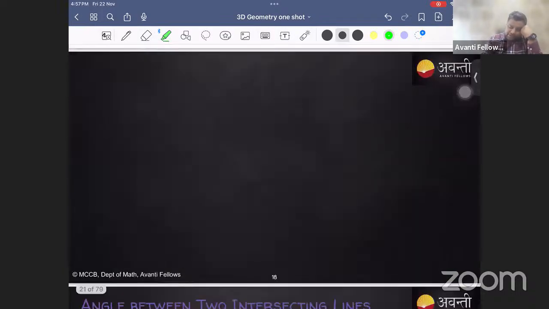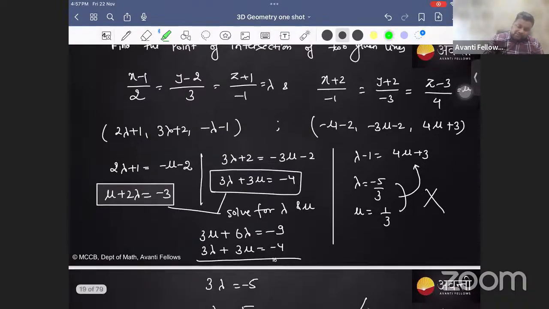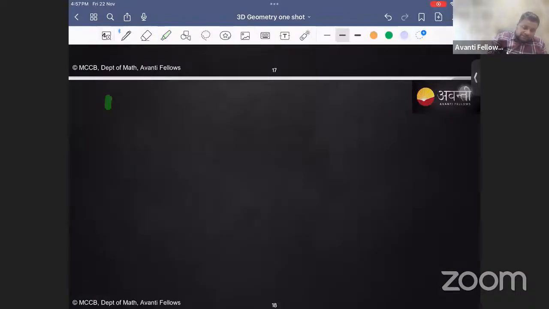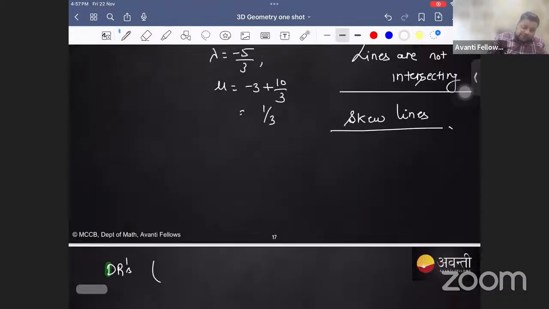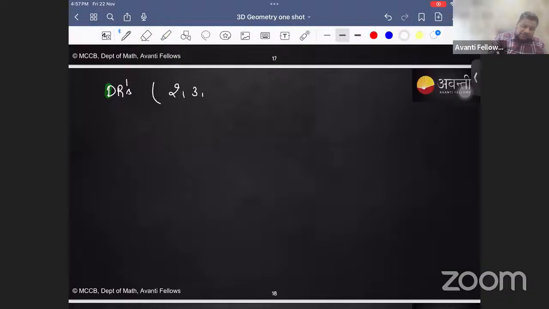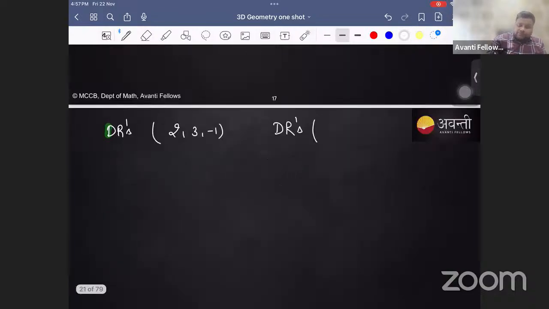See, these two lines we have done, but if I try to find the angle between these two lines, the direction ratios of the first line are 2, 3, minus 1, and the direction ratios of the second line are minus 1, minus 3, 4.